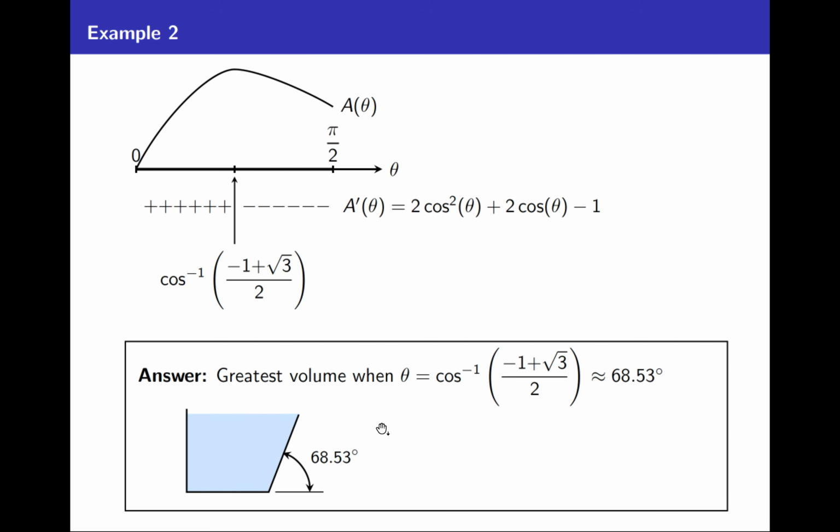So the answer, which really conforms to our intuition here, tells us that you should make the gutter this way with an angle of 68.53 degrees, which is not 90 degrees, it's less than 90 degrees, so it really makes sense that there's a little bit extra room here for a little more water, even though the water level went down a little bit. That's counterbalanced by the extra area that you're adding by this little triangle. This value of theta is the one you want to use to create this gutter.